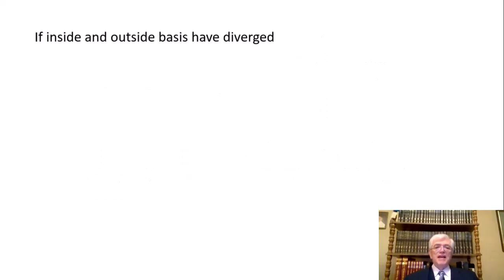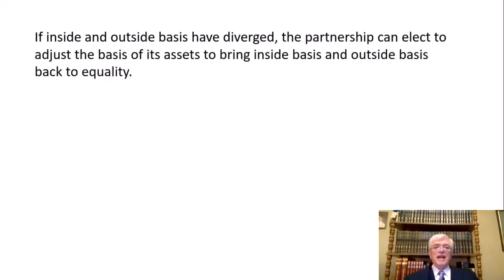If inside and outside basis have diverged, as they have in this case, the partnership can elect to adjust the basis of its assets to bring inside basis and outside basis back to equality.